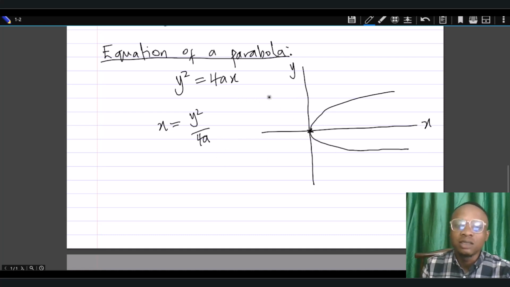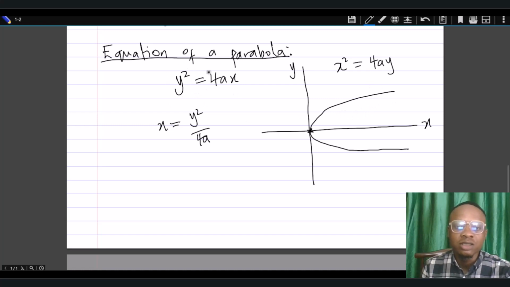And if it is meant to be a parabola that faces up, that means it will be in the form something like x squared equal to 4ay. In that case, if a is positive, y is always positive and that faces up. And if a is negative, y is always negative and that faces down here. So that's how we know the orientation of the parabola from this equation.